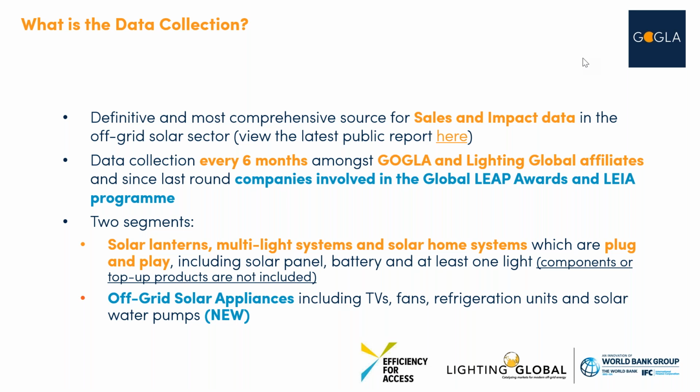The data collection has matured into one of the most detailed sources of sales and impact data in the industry. The data collected from manufacturers and distributors of off-grid lighting devices and appliances has become incredibly valuable for donors of off-grid electrification projects and investors alike to understand the key trends and the social impact from off-grid devices and interventions.